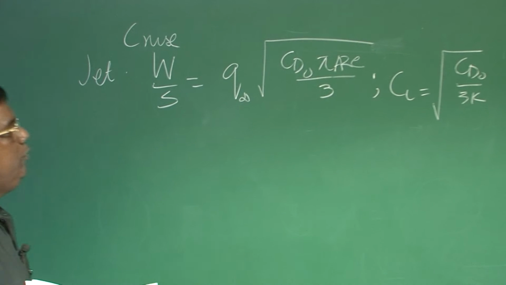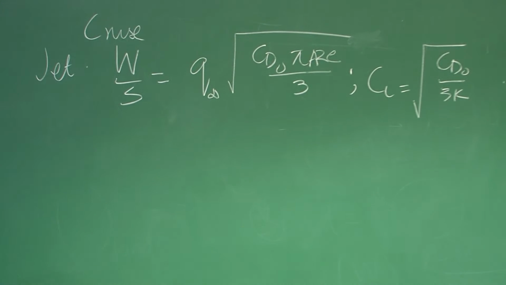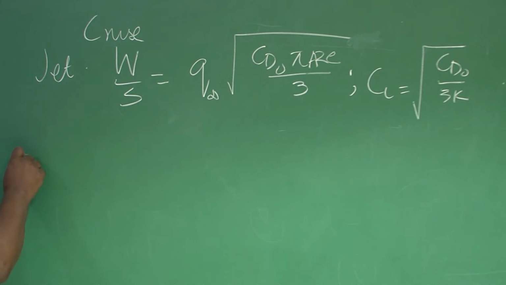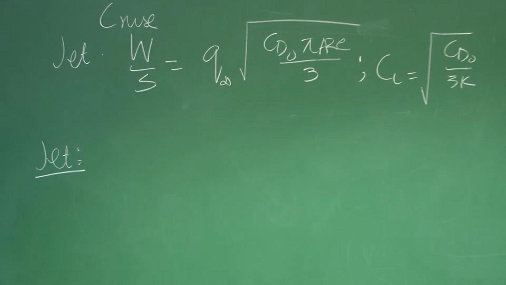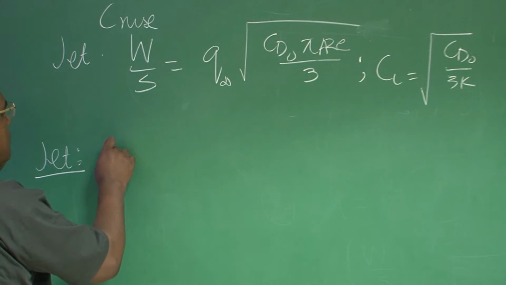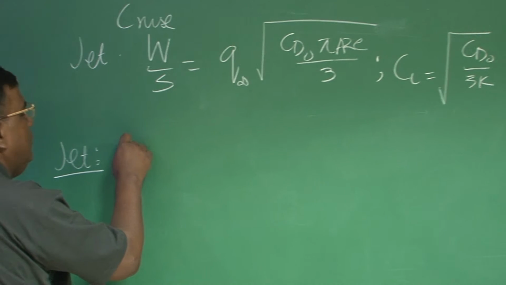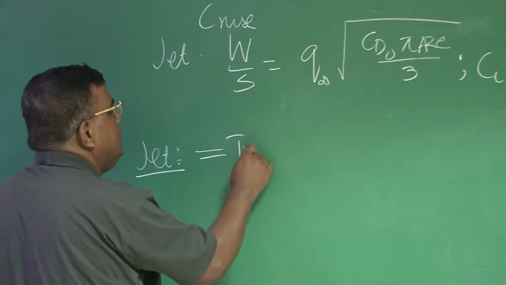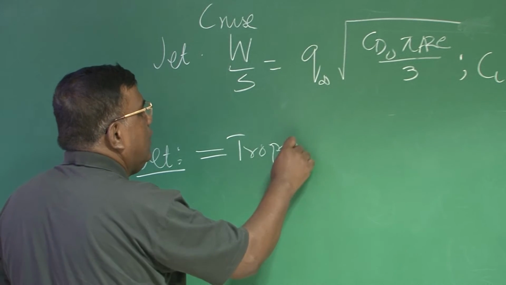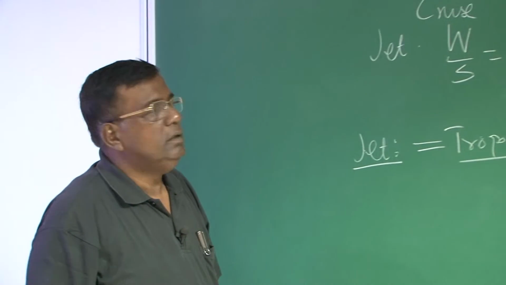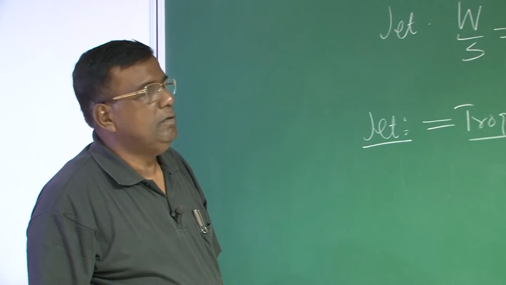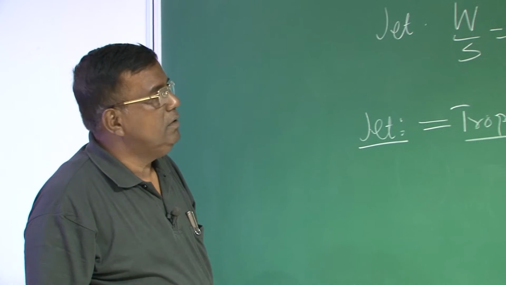And Q infinity depends on the altitude. Typically for a larger airplane, if it is a jet-driven engine, the engine manufacturer will recommend you fly in the tropopause, where the temperature remains almost constant and the thrust-specific fuel consumption is most efficient.